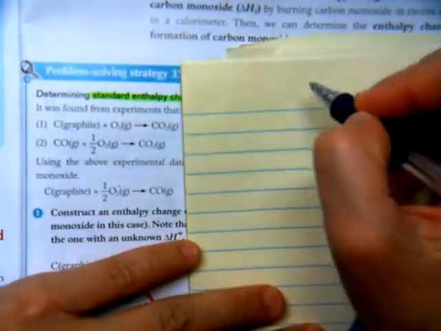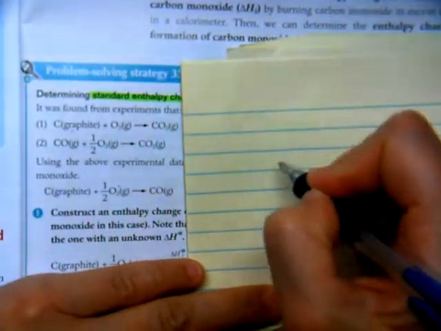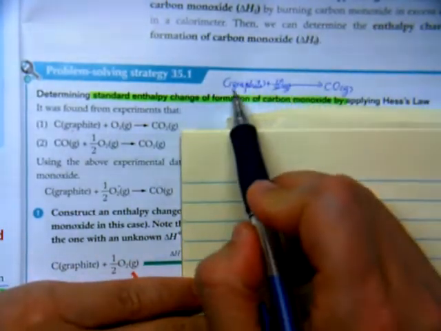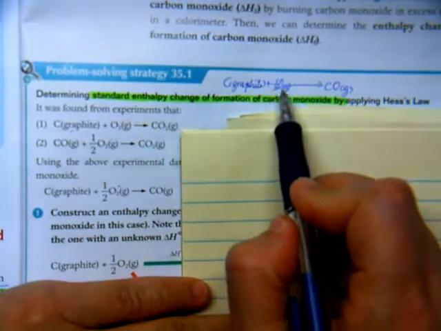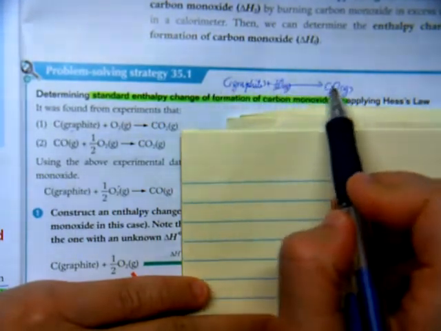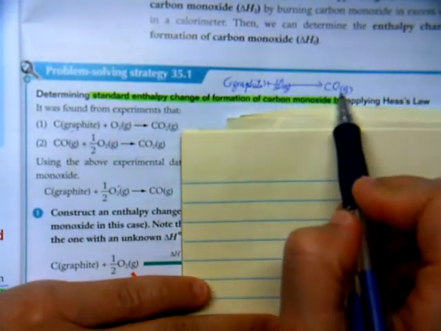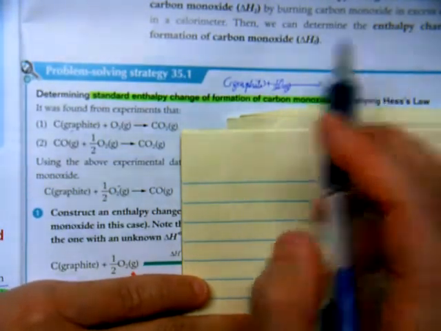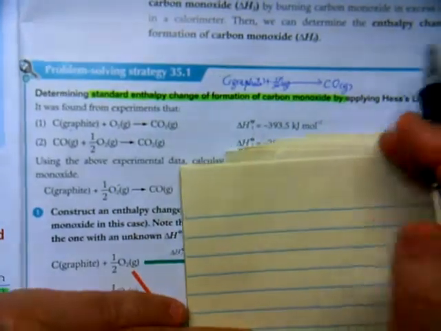Now let's discuss the second method by doing summation. But bear in mind our target. This is our target. Carbon graphite and half O2 on the reactant side. 1 carbon monoxide on the product side. So let's use the data given.